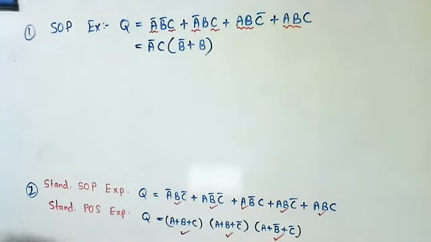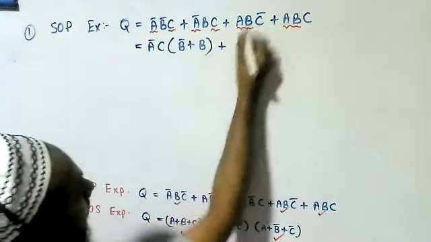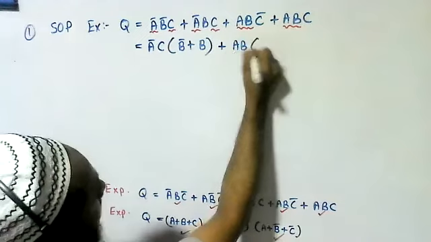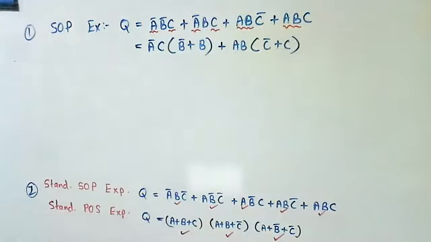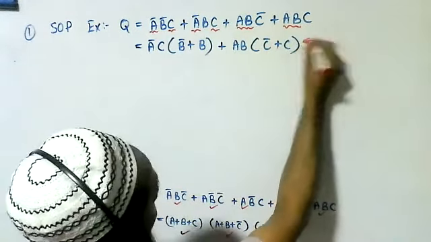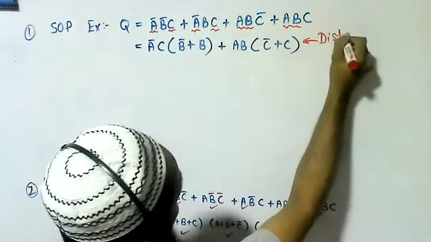Then plus, here I took AB out and within brackets C bar plus C. This is the distributive law.